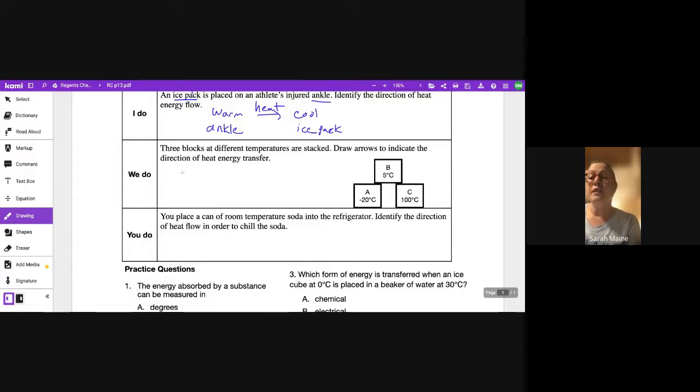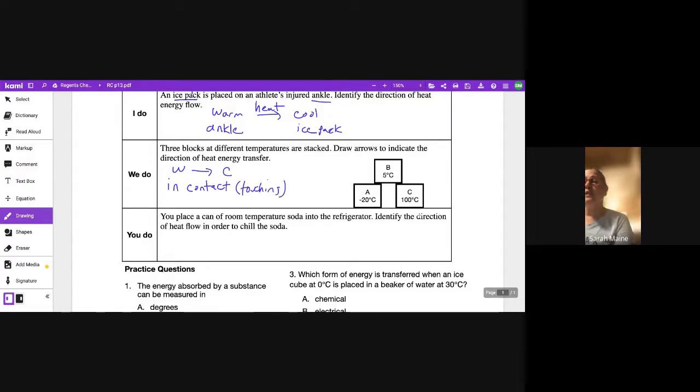So first thing, quick reminder, is that the natural direction of heat flow, it moves from whichever sample is warmer, and it transfers heat to the sample that is cooler, has the lower temperature. Now, this type of natural heat flow, warmer to the cooler sample, the two samples have to actually be in contact. So they have to be touching. So I'm going to write in contact or touching.